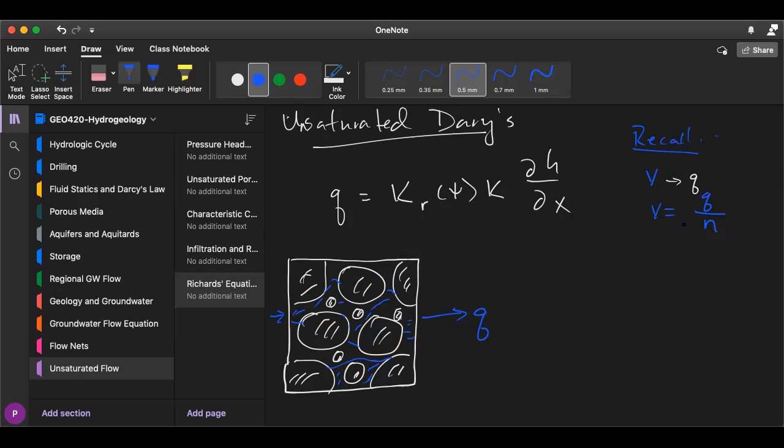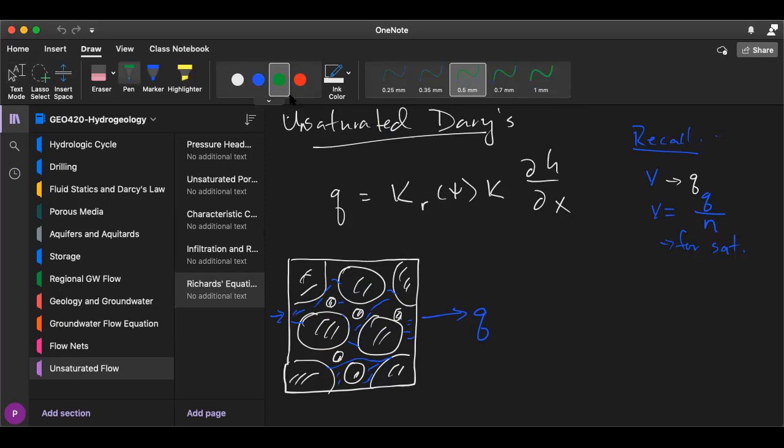Okay, so what do you think the relationship between the Darcy flux and velocity is in unsaturated media? Yeah, so now the area available for fluid flow is only those saturated pores. It's not just the pore space, it's the saturated pores.